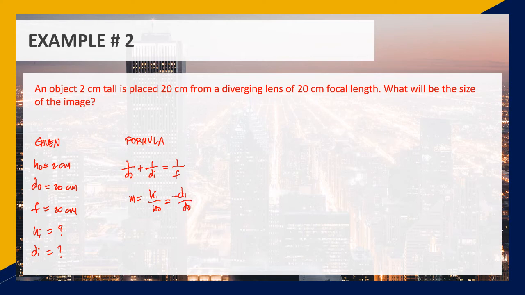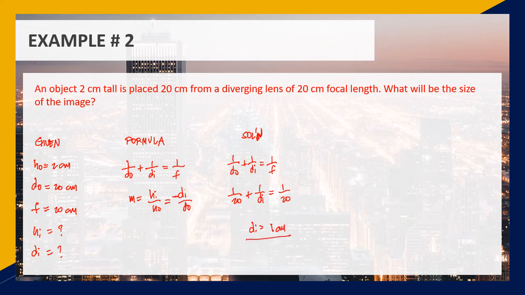Okay? So solution. First, we get the image distance. The object distance is 20, plus 1 over di, equals 1 over f, which is 20. Okay? Shift solve, we got the distance of the image is equal to 1 centimeter.